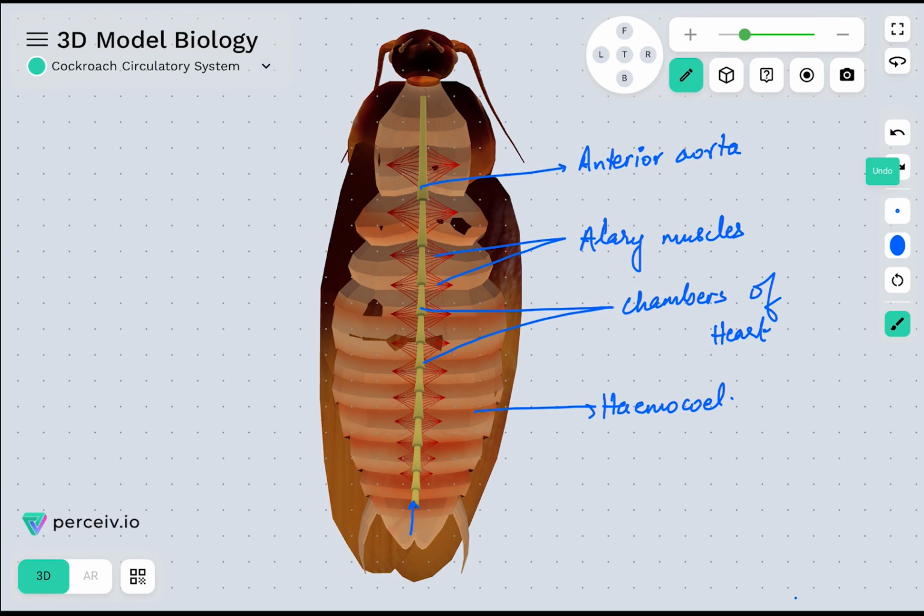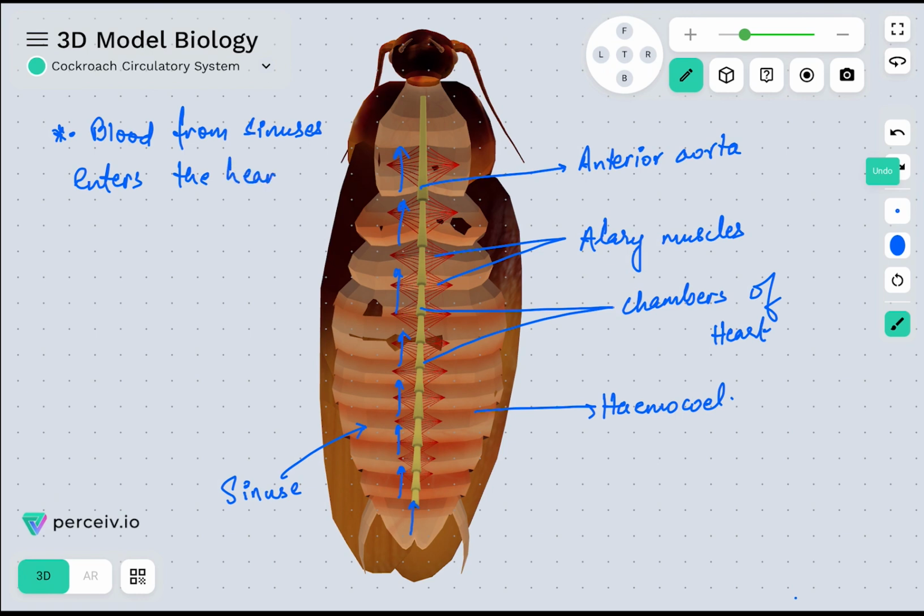All right, so this is going to go then above. This is the sinuses part, you can say. These are the sinuses, and the blood flow is going to go in the upward direction in an anterior manner. All right, so we can note it down that blood from sinuses enters the heart.